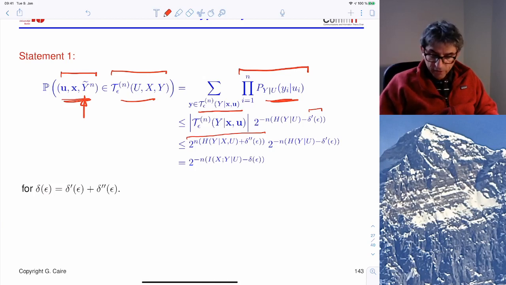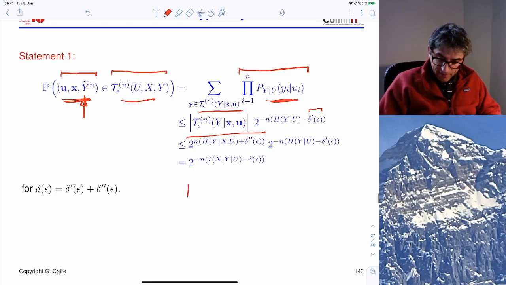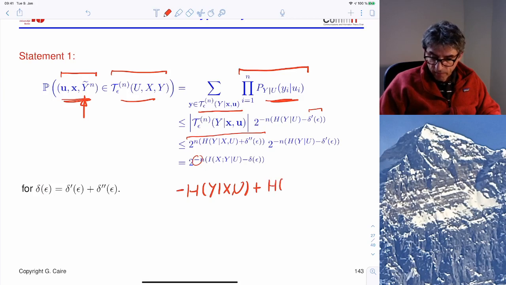When I put everything together, remembering the fact that H of y given x, u, and this comes with a minus because I collect this minus in front of everything, so minus this plus H of y given u.